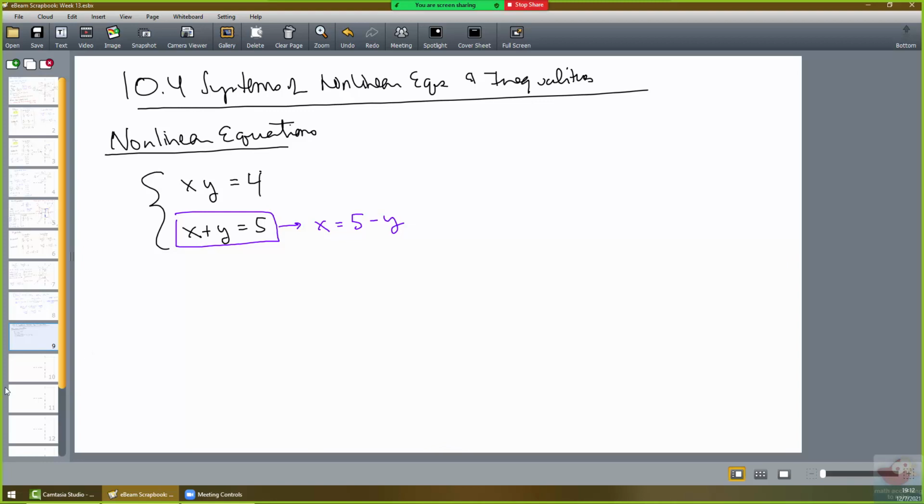And remember, in the process of substitution, you take that expression for x and put it in for the same x in the other equation. So instead of x times y equals 4, we'd have 5 minus y times y equals 4, which is the same thing as 5y minus y squared equals 4.